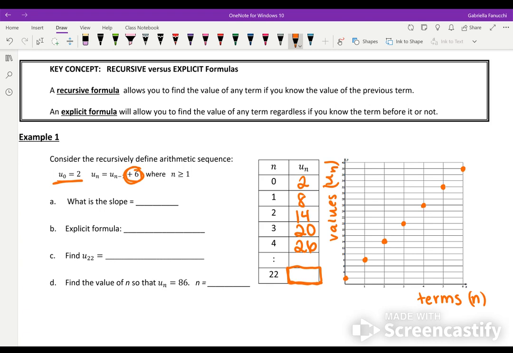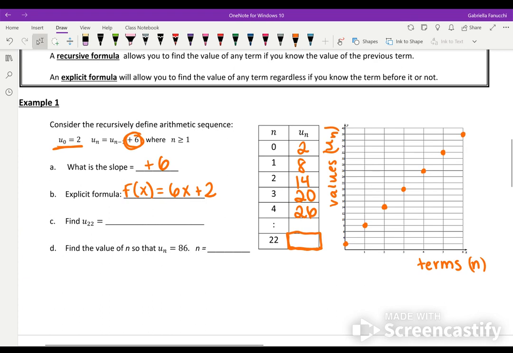So what is the slope? The slope is positive 6, right? We're adding 6. That's our difference. Okay, so then our explicit formula is going to be f of x, and again, you could use y, is equal to our slope times x plus the y-intercept or the 0 term, which is 2. Okay, so if we want to find u sub 22, let's go ahead and plug it in. I'm going to just do the work down here.